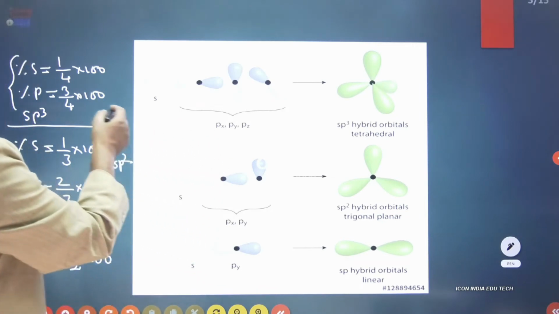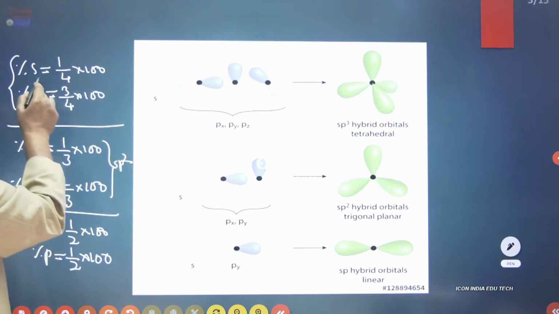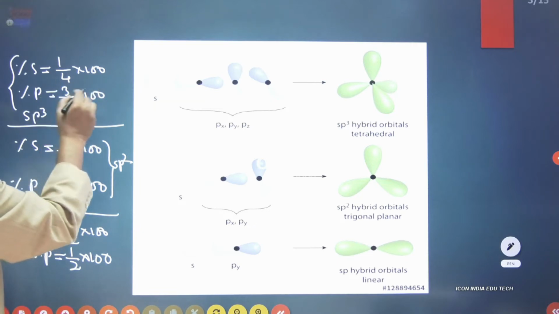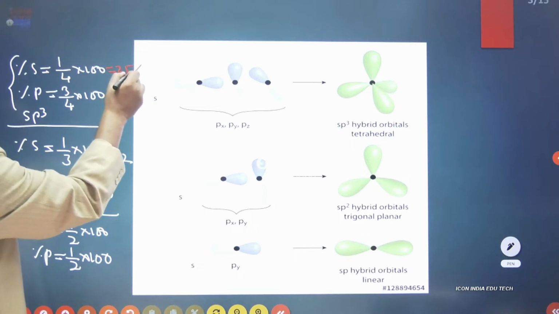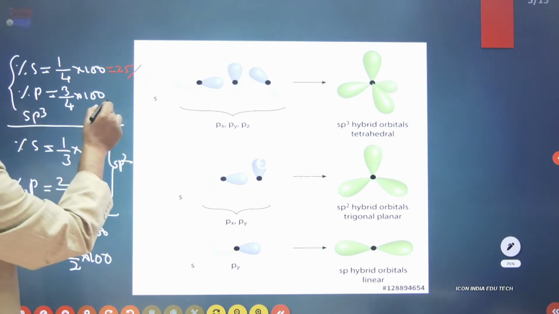And what's the percentage of s and p character here? sp3: 1 s and 3 p. The percentage of s is 1/4 into 100, that is 25%. The percentage of p is 3/4 into 100, since 3 of the 4 orbitals are p.